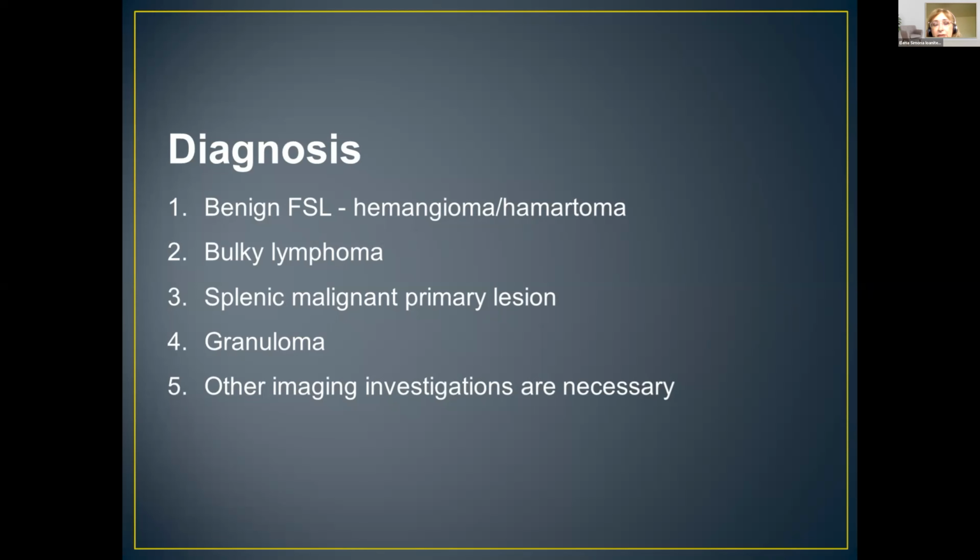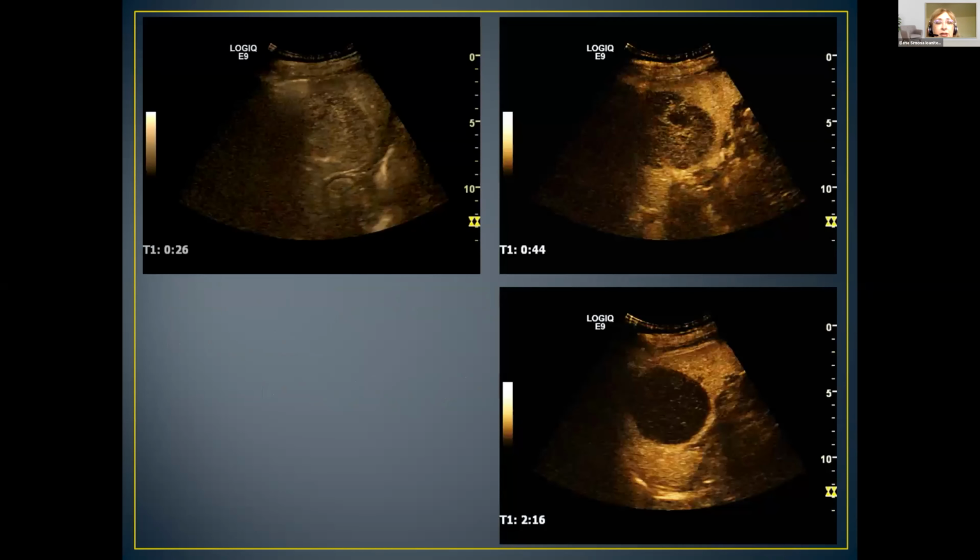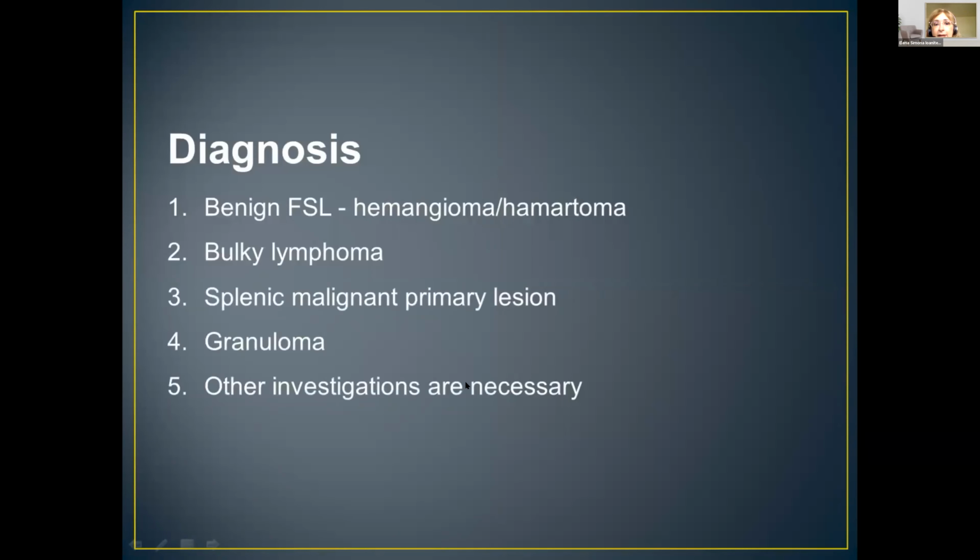We performed CEUS, and on CEUS our lesion was iso-enhancing in the arterial phase, but with a rapid, inhomogeneous washout in the venous and late phase. Again, what is your diagnosis?